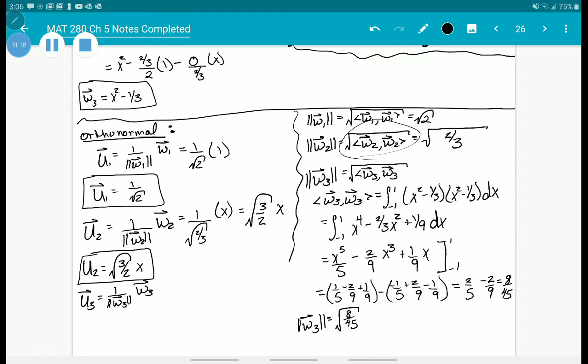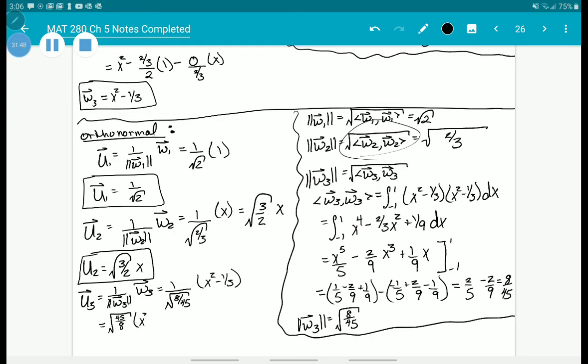So all this is side work. Now let's plug everything into this formula. We have 1 divided by that times W3, so that's going to be equal to the square root of 45 over 8 times x squared minus 1/3. We can break down the square root of 45. That's 9 times 5, which is 3 square root of 5.